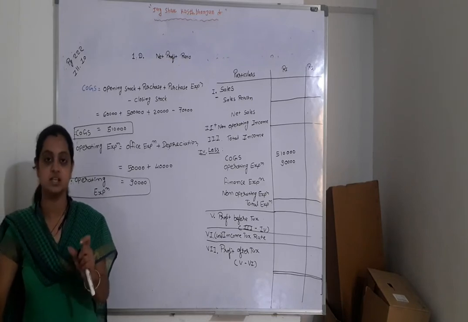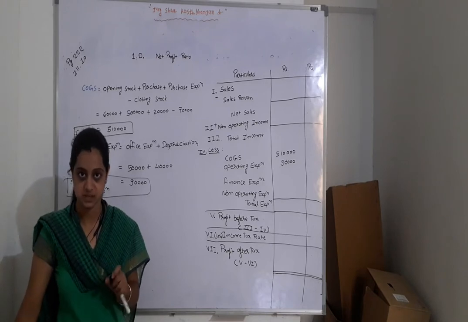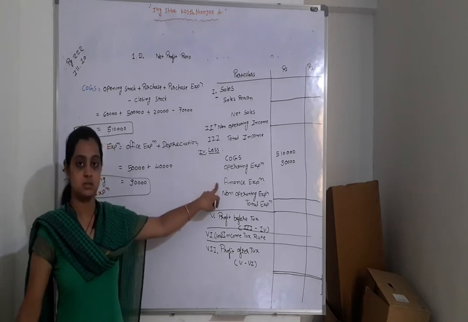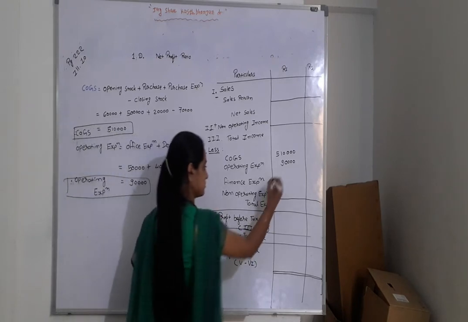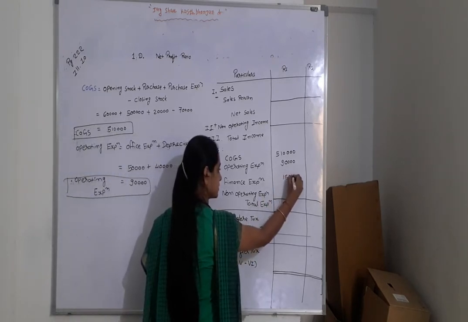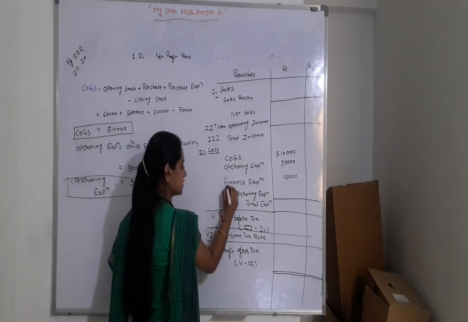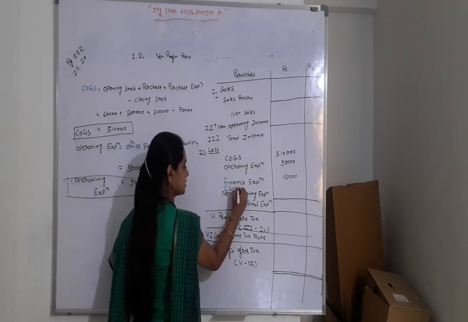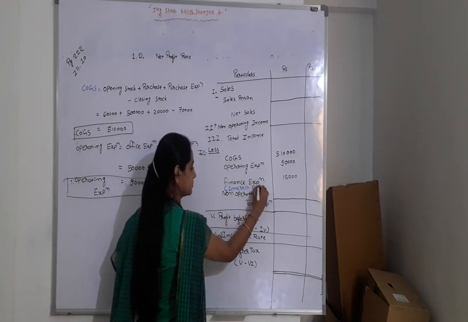Then next thing is interest paid. Interest paid is our finance expense, right? So we'll write it over here. Finance expense 15,000 into bracket interest paid.